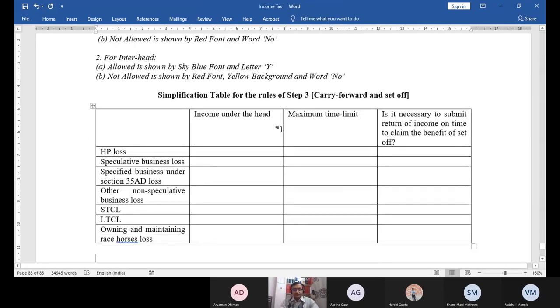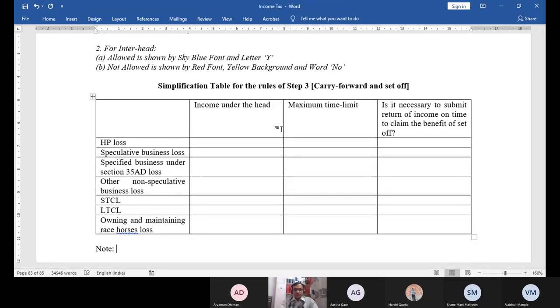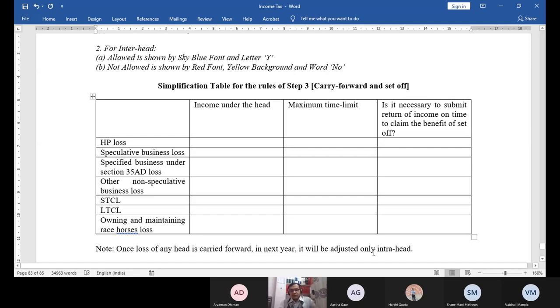Main point: once loss of any head is carried forward in future or in next years, it will be adjusted only intra-head. This is the main thing which I should remember always.